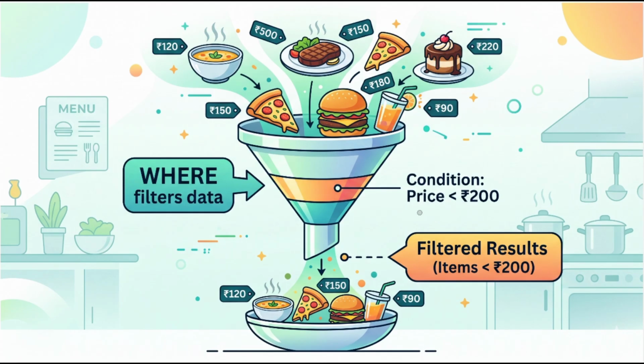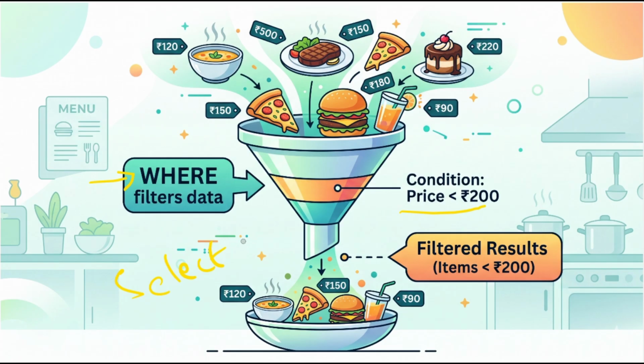Which is why the customer can ask, show me only items below 200 rupees. So we put a condition on the pricing, nothing else. This is where WHERE, a keyword in SQL, is used.